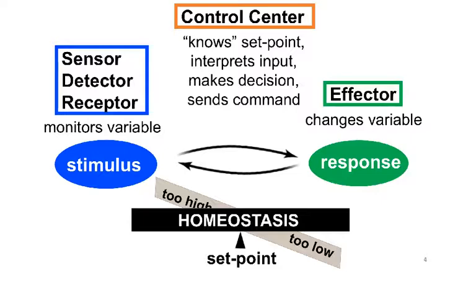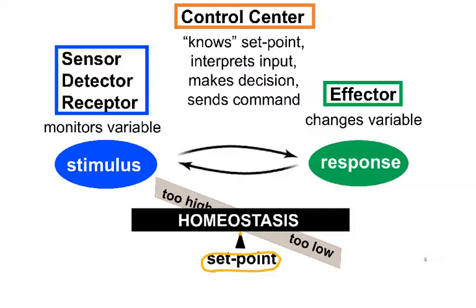So some vocabulary that's important for homeostasis. The first is set point. Set point refers to the point where the system is balanced.